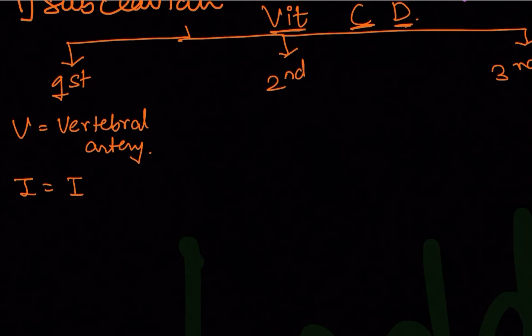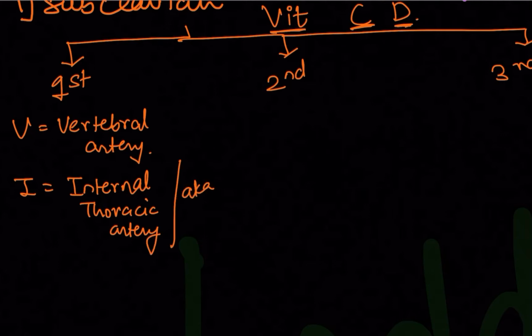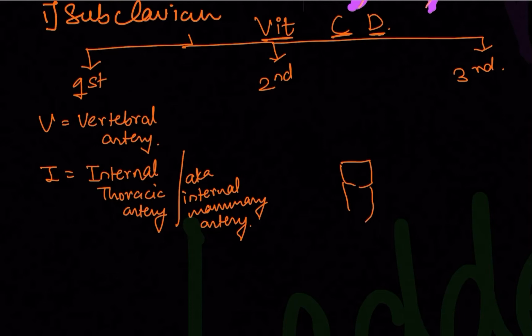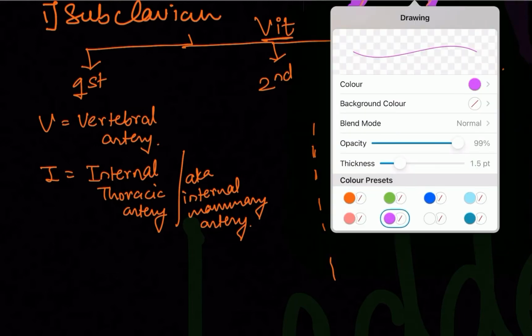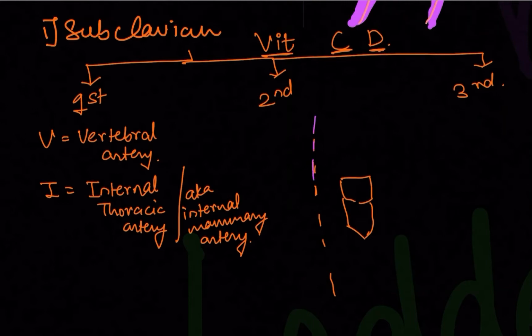I stands for internal thoracic artery. This artery is important because there is a question, and it is also known as internal mammary artery. You have your sternum, right? We have already learned about the lines, this parasternal line. This artery runs parallel to the sternum.